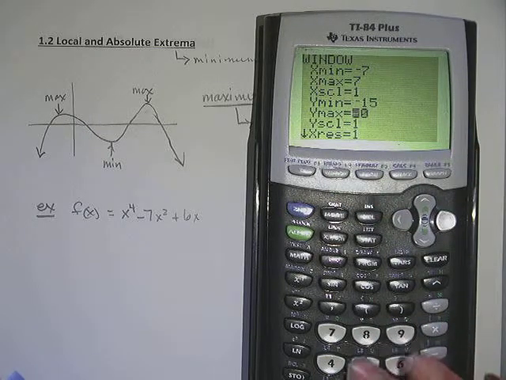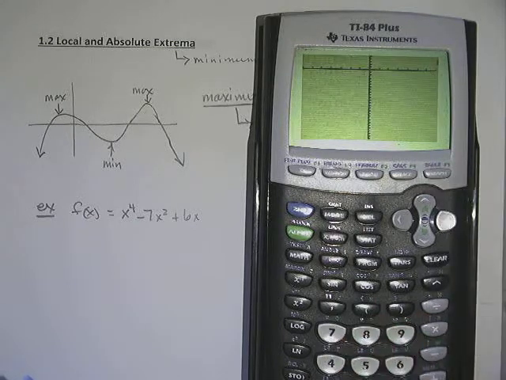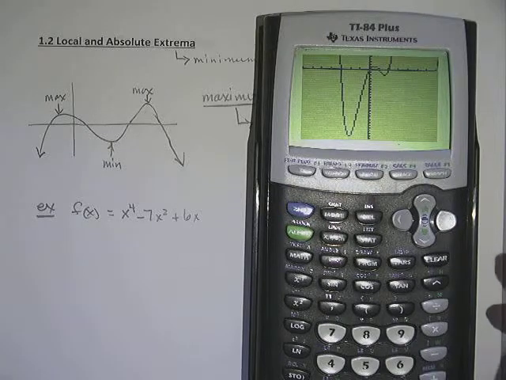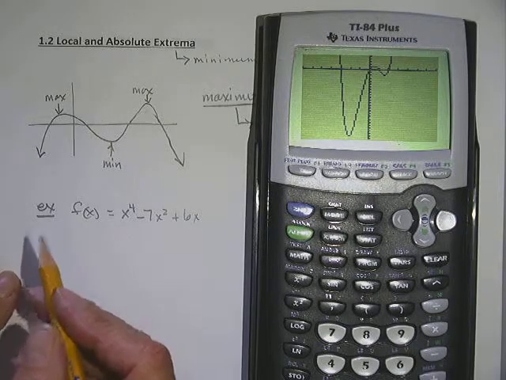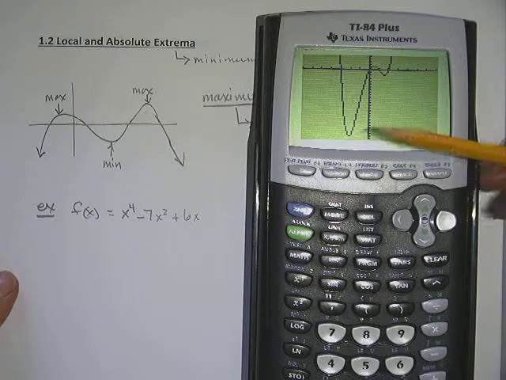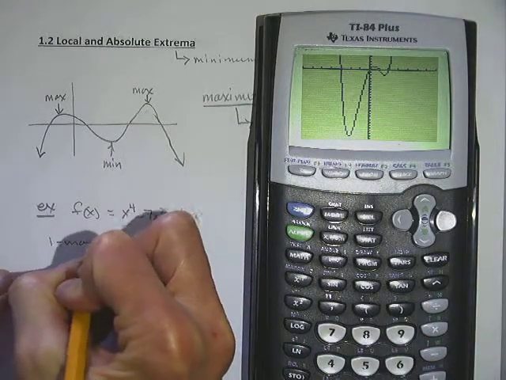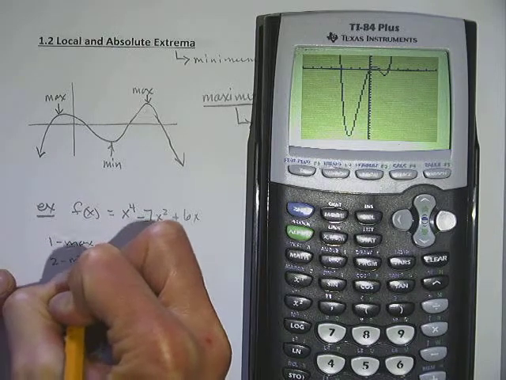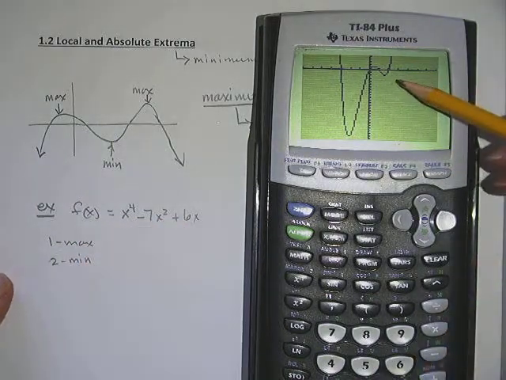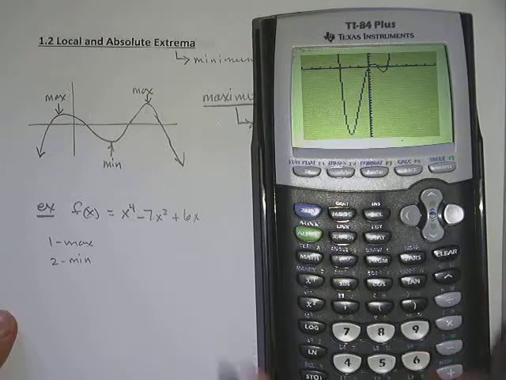I don't need this up there either, so we'll change that. My y max probably only needs to be 5, but let's try negative 25. Okay, here it comes down, there it is, and then it goes up and then down again. So for the sake of this particular graph, it looks as though I have 1 max and 2 min.